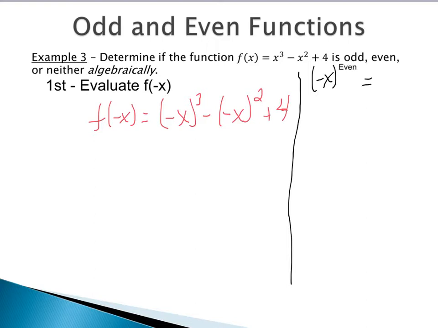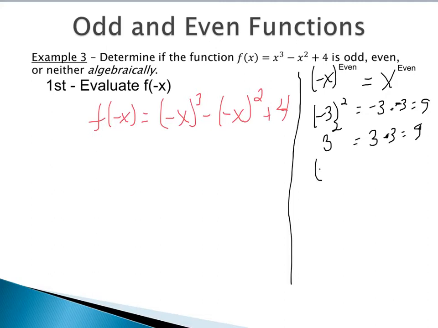So first, kind of as a side note over here, if we have negative x to an even exponent, it's going to be the same thing as if we just evaluated x to the even exponent. So think of negative 3 squared, right? 2 is even, so it'll be an even exponent. That would be negative 3 times negative 3, which would be a positive 9. Well, that answer would be the same thing as if we just did 3 squared, which is 3 times 3, which equals 9.